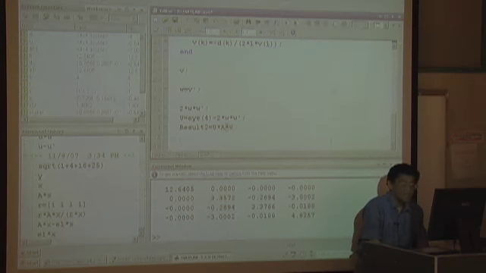Result is this one, and now deflated, right? So A2 equals this result matrix cut from second row to the end, right? And then second row to the end.